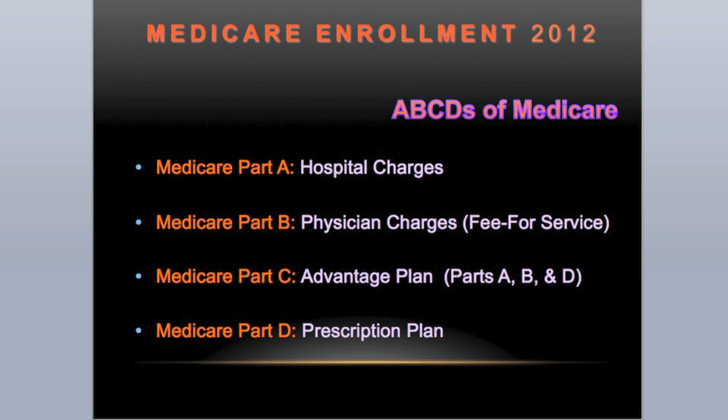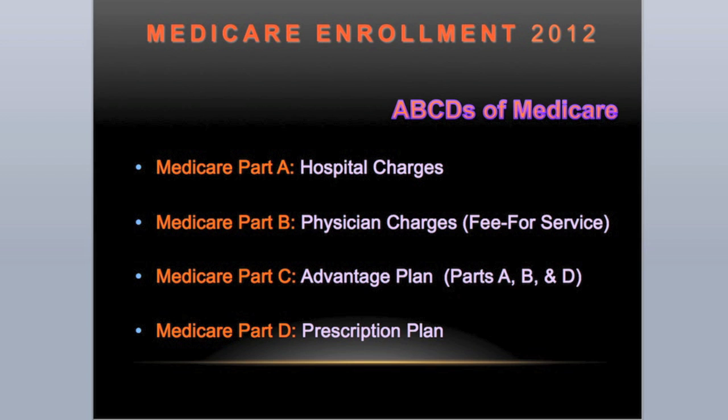The insurance company, which administers the Advantage plan, is responsible for taking care of the hospital charges, taking care of the physician charges, taking care of outpatient related charges such as x-rays, rehabilitation, or surgeries, and also taking care of the prescription drugs for the patients. And finally, Medicare Part D is for prescription drugs.